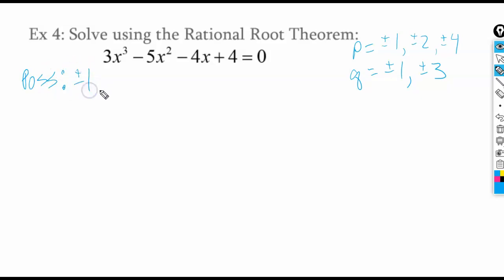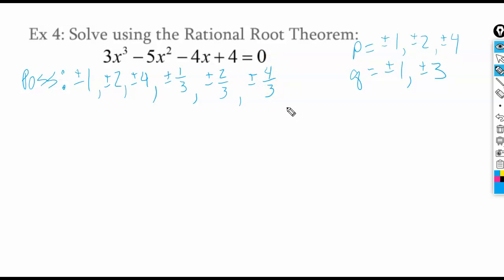So I'm going to get 1, 2, and 4. And then I have to divide all of those by 3. So I could get 1/3, 2/3, or 4/3. So that gives us 1, 2, 3, 4, 5, 6, positive and negative. So we do have 12 possibilities here.